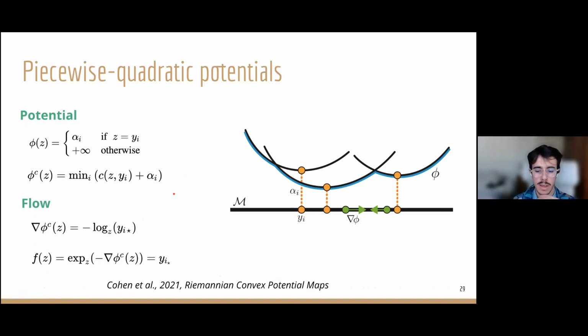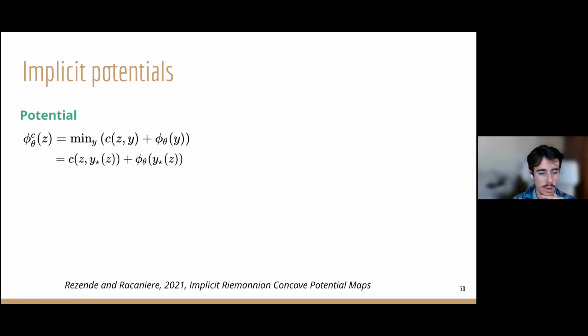And that's what the next paper is trying to remedy: implicit Riemannian concave potential maps. If we look at the definition of C-convexity or C-concavity, they parameterize this dual potential with a neural network. The issue then is that this is implicit. You can't solve it in closed form because you need to solve this minimization problem each time you want to evaluate your potential.